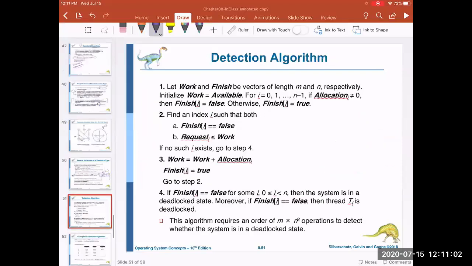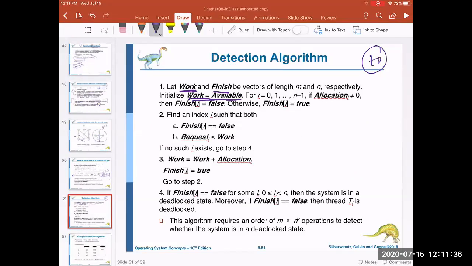We go forward to work on the detection algorithm. If you remember from the previous Banker's algorithm, there also we created two variables, work and finish. Work is initialized to available, for any snapshot T0. I say T0 because at any instance when this detection algorithm runs, whatever available resources there are get assigned to work.